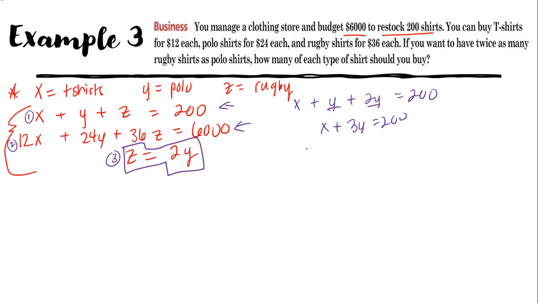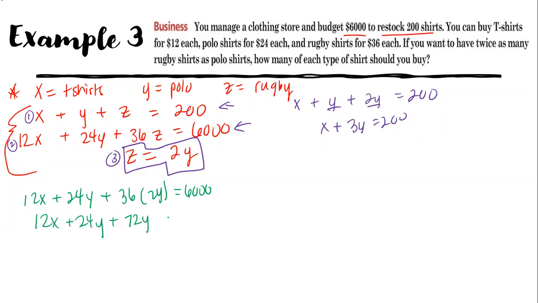So I have 12x plus 24y plus 36 times 2y equals 6,000. So we have 12x plus 24y plus 72y equals 6,000, which is 12x plus 96y equals 6,000.